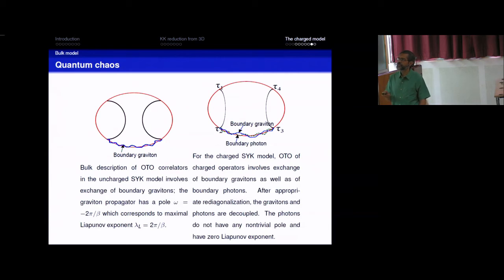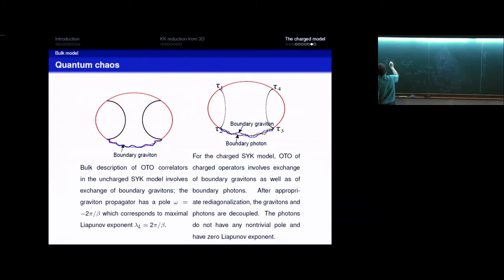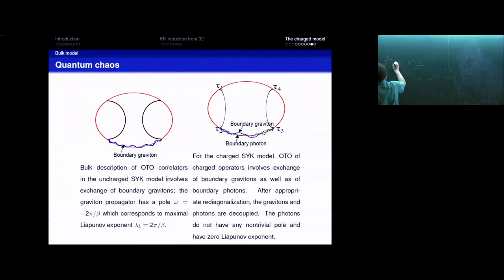Basically here you had a non-trivial Lyapunov exponent because the propagator there was 1 over omega fourth minus 1 over beta square omega square.